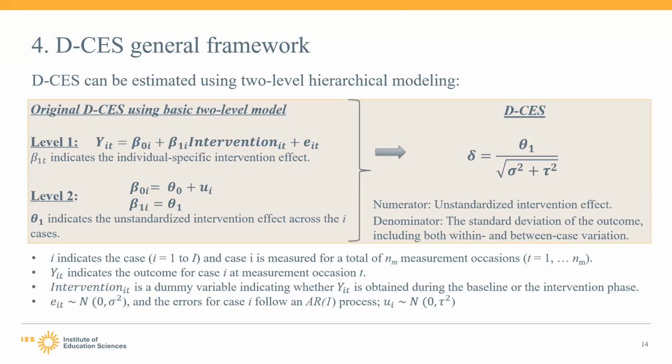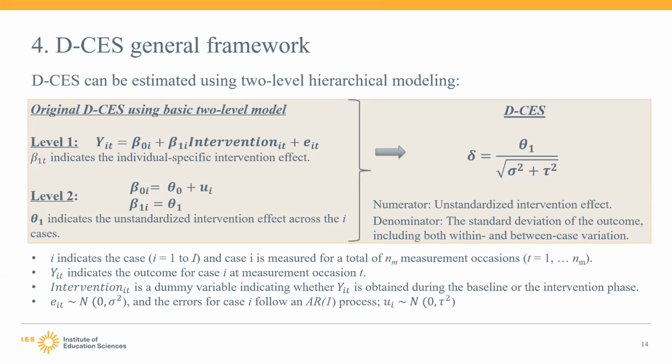Therefore, the beta 0s equal an overall across case baseline level and a deviation U. This deviation reflects the degree to which individual I deviates from the overall baseline level theta 0. These deviations are assumed to be normally distributed with mean 0 and variance tau squared. This is reflected in the level 2 equations.